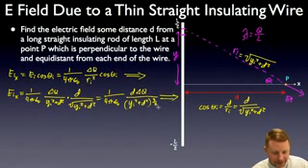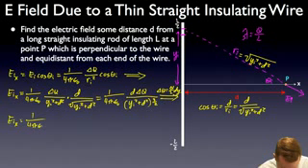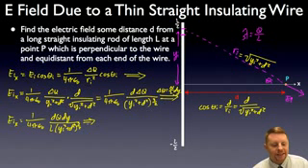So this implies then, since delta q equals Q over L dy, that Eix must be equal to 1 over 4 pi epsilon naught d Q dy over L times the quantity yi squared plus d squared to the 3/2. Or let's integrate that now.